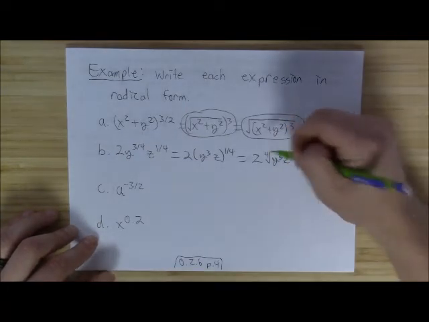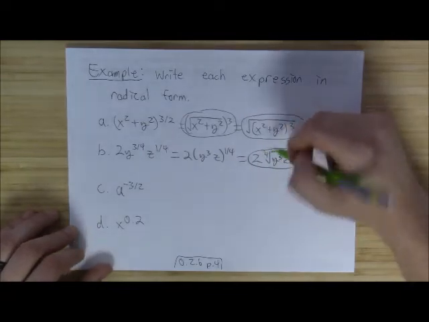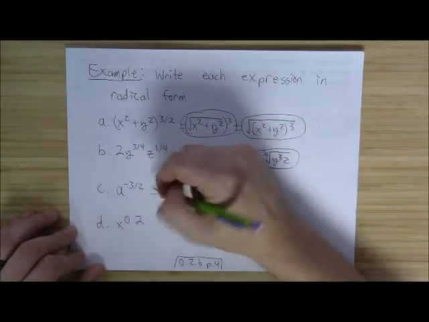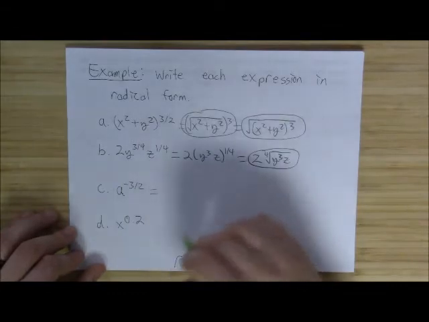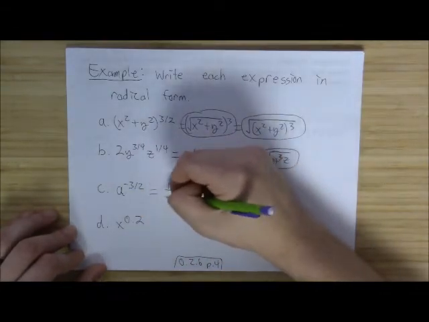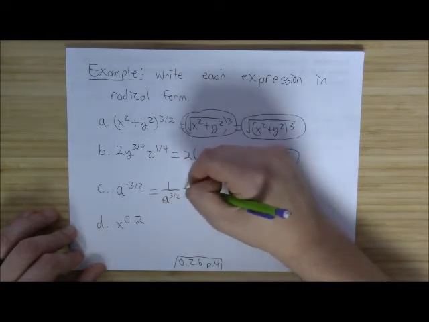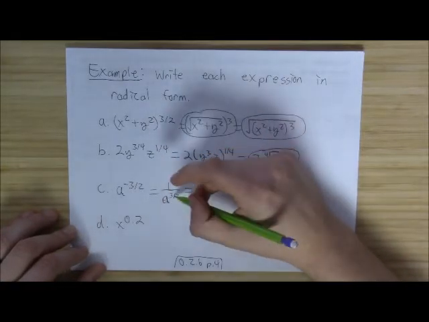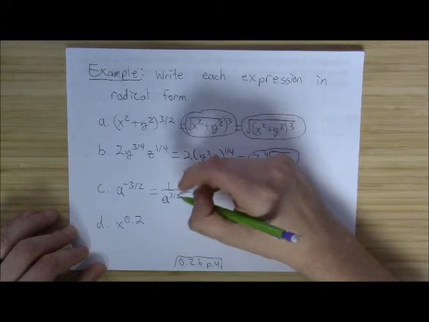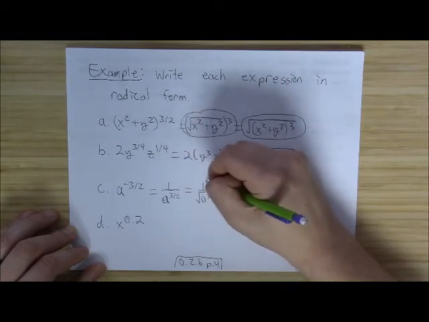So it's pretty neat that you can actually go between these two. Here, negative exponents tell us that that's really 1 over all of that to the positive exponent, which is 1 over a cubed, but then the 2 gives us a square root.